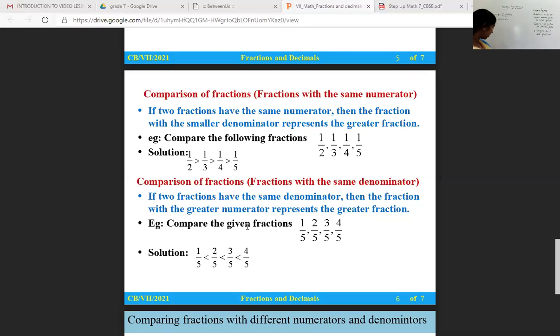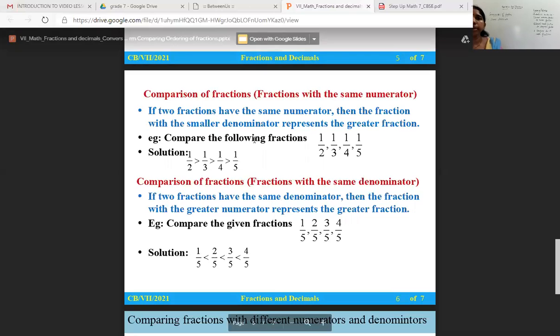I'll write a few examples. The second part is fractions with the same denominator. So the denominator is the same, and we'll take some examples.